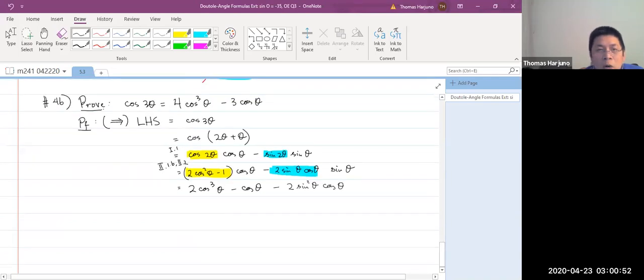The thing is, I already have the cosine cube term and cosine term, but I have this ugly sine squared here. I don't want this guy. I need to change this into cosine. How do I change that?